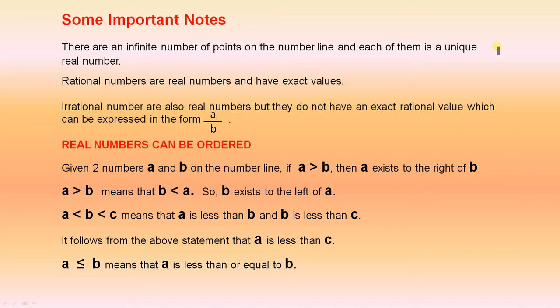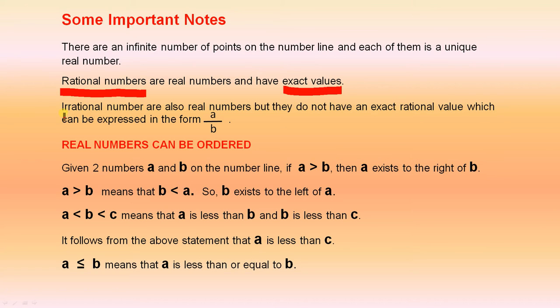So there are many points on the number line, and each of them is a unique real number. Rational numbers are real numbers and have exact values. So once you see the word rational numbers, think of exact values. Irrational numbers are also real numbers, but they do not have an exact value which can be expressed in the form a over b.